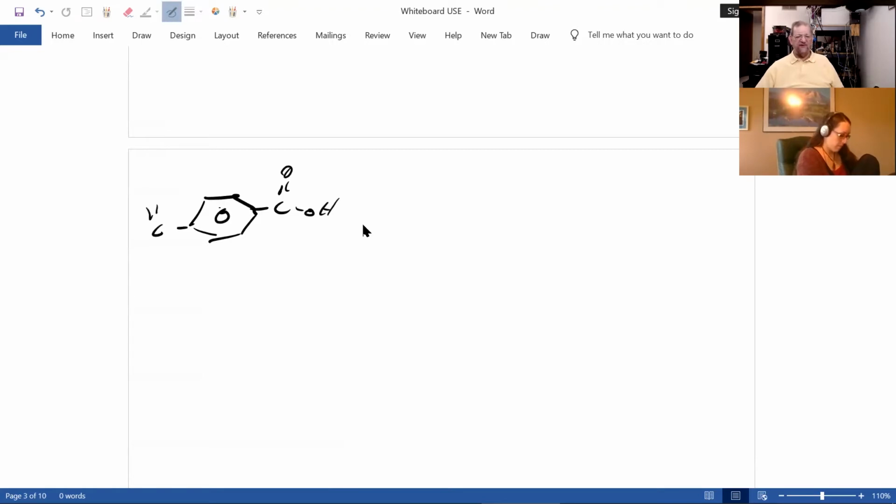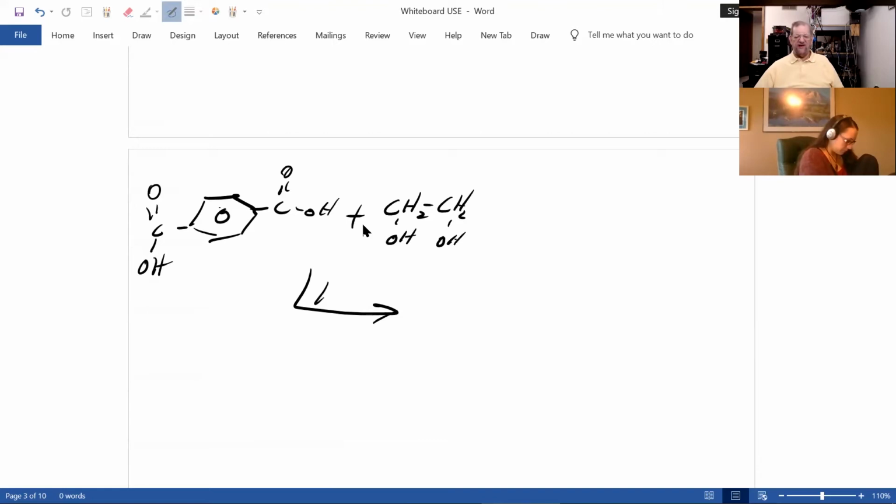In real life, you use the acid chloride, but for this class, I use this acid catalyst. If I were to react this with acid catalyst, remember, here I have an ester, here I have an alcohol.